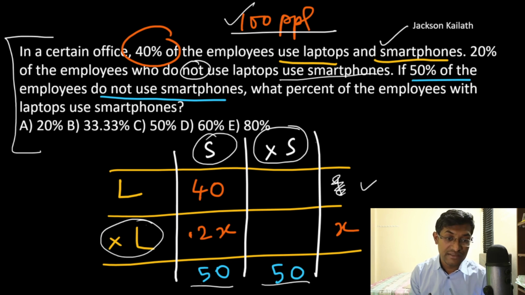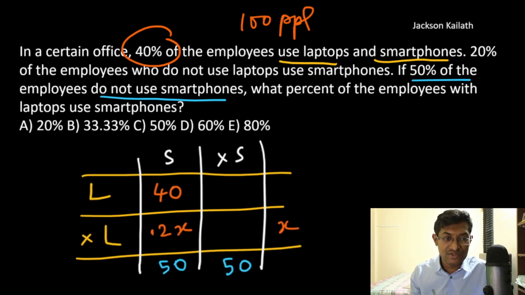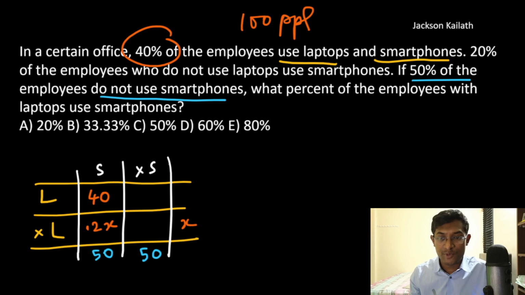In a similar manner, if you add these two, you'll also get 100. So that's why we got 50 over here. Therefore, this over here would be 100 minus 50, which is 50. So we have used all the information given to us and we have entered it into the diagram. Now let me make some space over here and let's proceed.